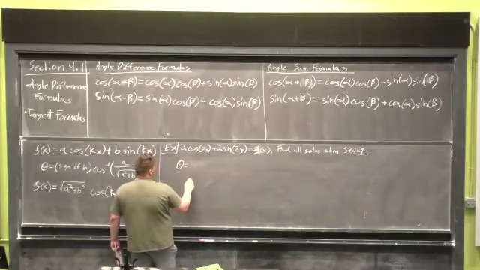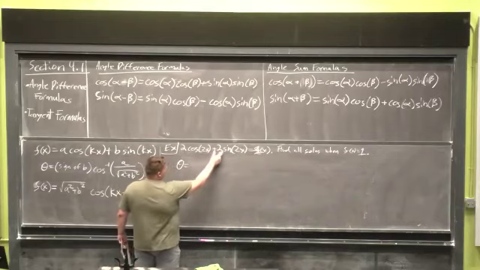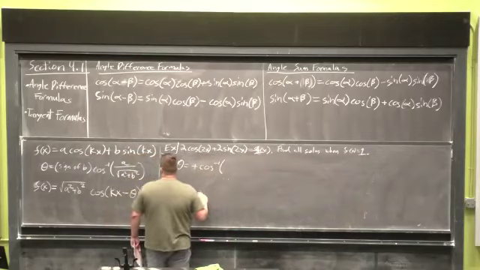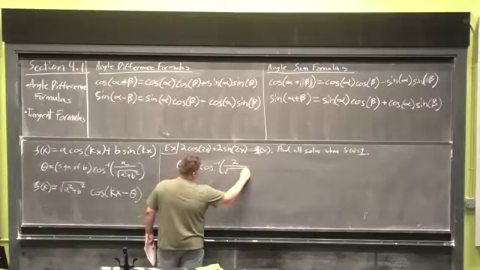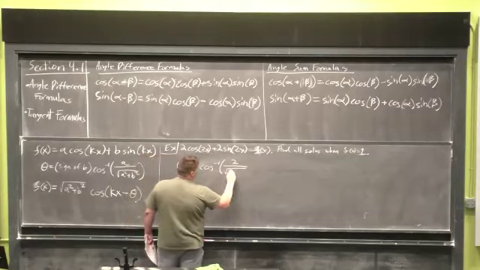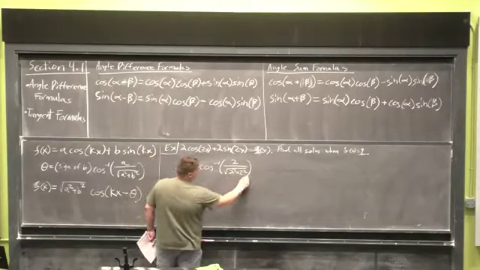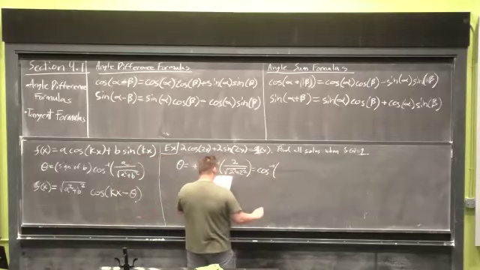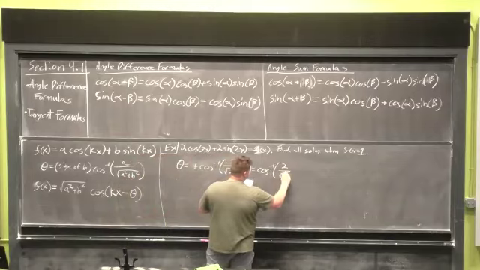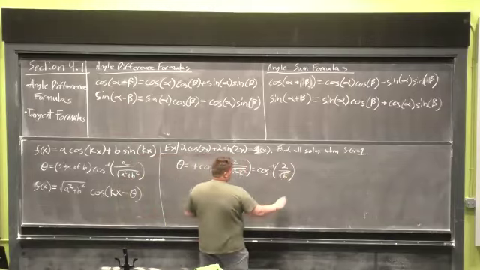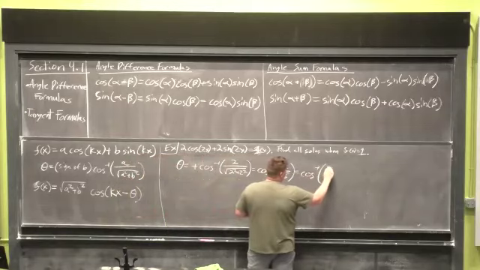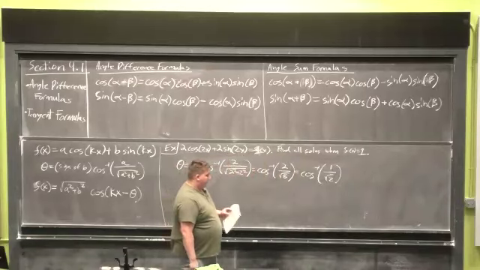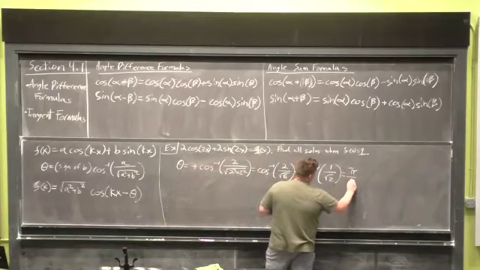So theta is equal to, we want the sign of our b, which is positive 2, so we're going to have positive cosine inverse of 2 over square root of 2 squared plus 2 squared, which we can simplify to cosine inverse of 2 over square root 8, which is cosine inverse of 1 over square root 2, which is square root 2 over 2. And that gets us pi over 4.